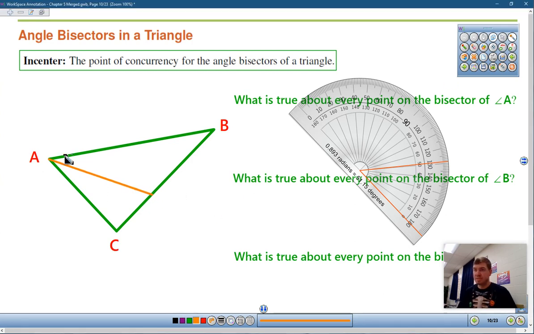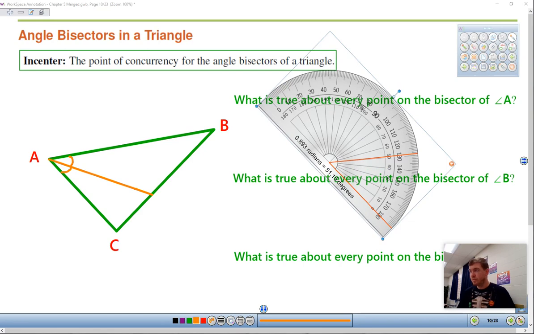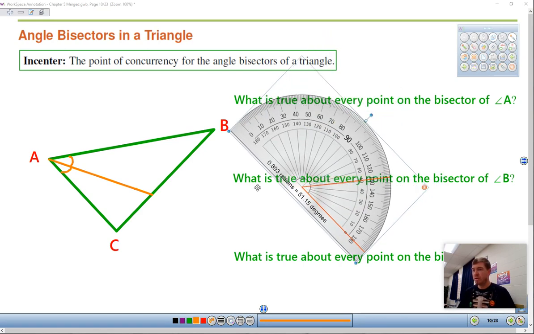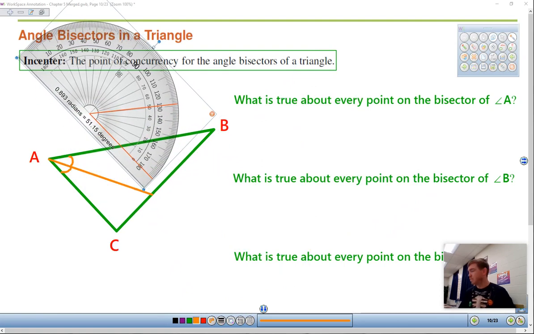Okay, I'm saying that this is congruent to this. There's my first one. What is true about every point on that orange angle bisector?